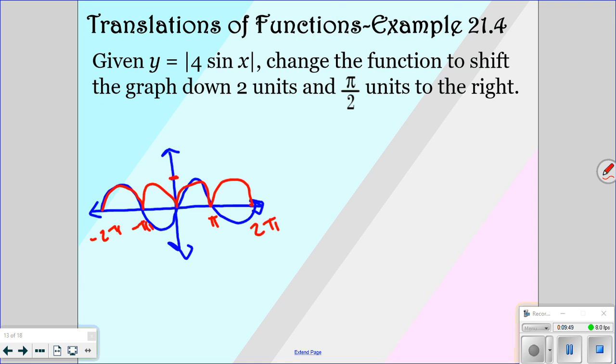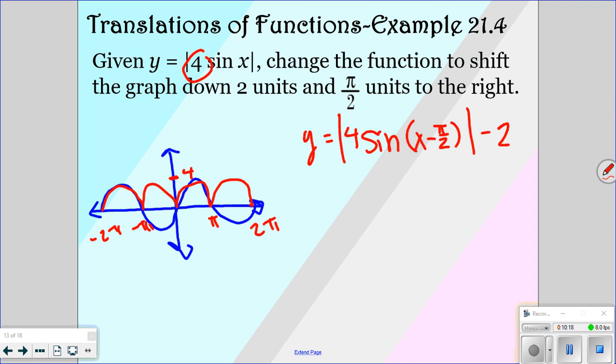And up here would be a 4, because our amplitude is a 4. Okay? So we want to change the equation to shift it down by 2 and to the right by pi over 2. So if it's going to the left or right, it's in with the x. So x, if it's going to the right, it's going to be a minus pi over 2, and then we're going down by 2.